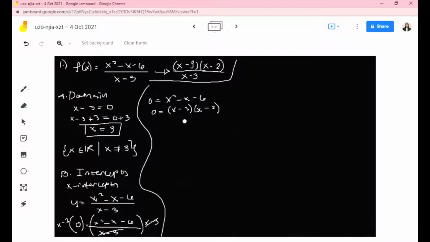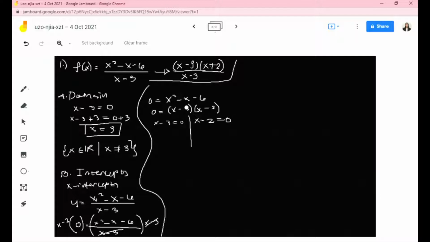Now we'll have to separate these factors. x minus 3, you equate that to 0, and x minus 2, you equate that to 0. Right, this should be positive 2. I forgot.